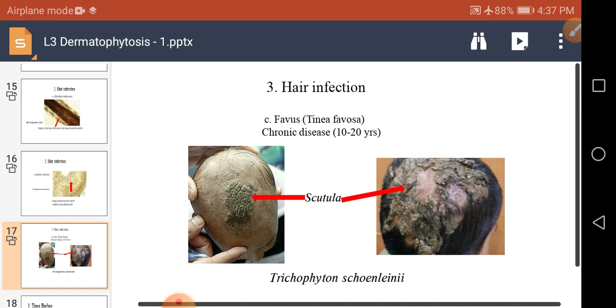The crusts are known as scutula. You see here, the arrows are pointing to scutula. On your left hand side, they take the honeycomb shape. The commonest cause is the fungus Trichophyton schoenleinii. If the disease is not promptly treated, it may lead to permanent hair loss.